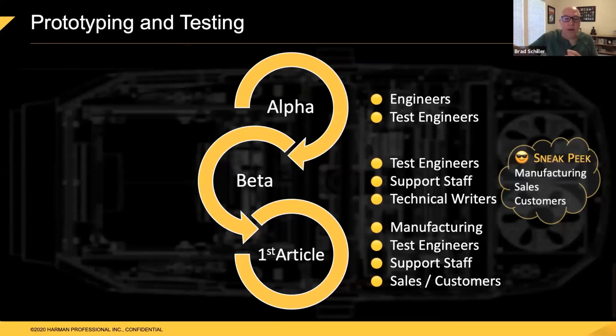You need input for the ideas, but also input for the final product before you start selling it. And that's really a key thing with those first article prototypes. Get those out there into the hands of a few customers kind of quietly and get their feedback and make those changes.